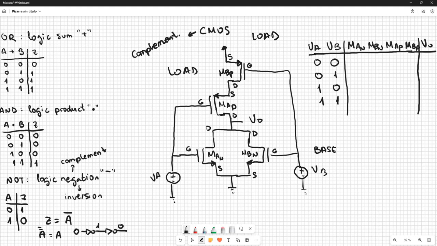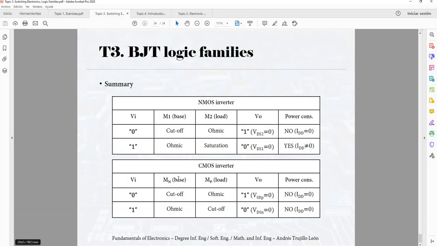If both of them have a 0, they are going to be cut, because the voltage VGS of both transistors is not going to reach the threshold voltage, so they are going to be cut. What happens with their complementary transistors? So we can check the table. In the CMOS technology, it's really easy, because if the base is cut off, the load is going to be ohmic, and if the base is ohmic, the load is going to be cut off. It's really easy to calculate without looking at the table.